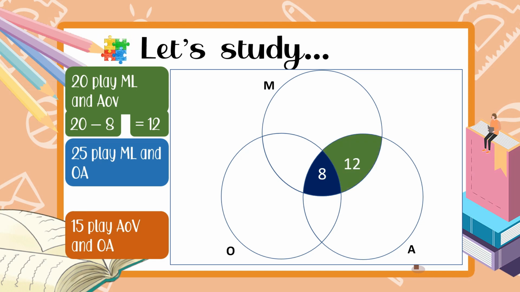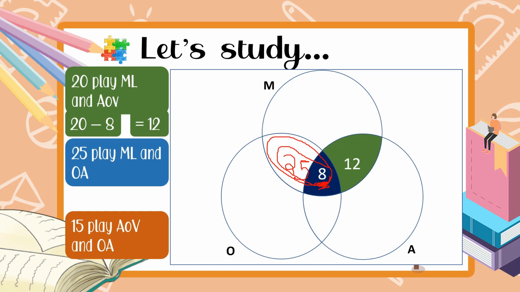Next, we have 25 who play ML and Omnioji Arena. So, ito naman yung part na yon. ML and OmniOG Arena. Ito. Pero, itong buong to is 25. Pero again, meron na tayong 8 dito.